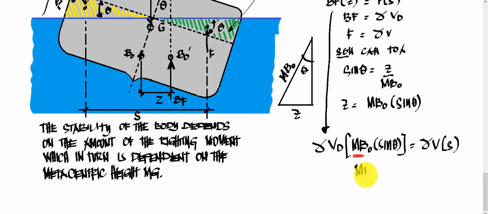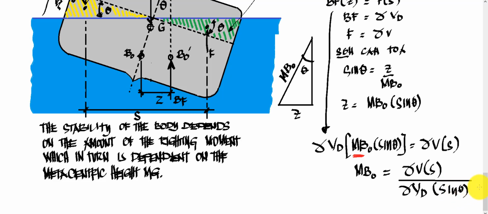So MBO is equal now to the volume, specific weight times the volume times S, which is divided by your specific weight times the volume displaced, then times the sine of theta here.